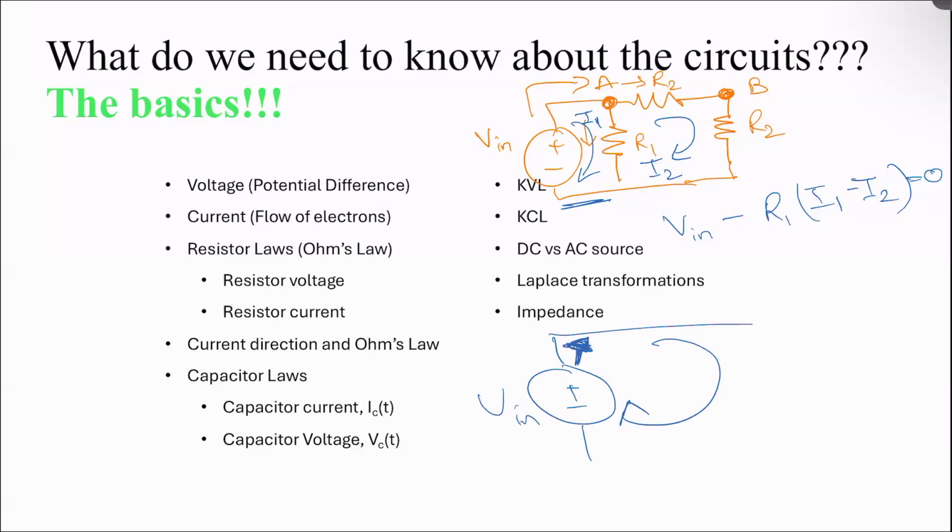If it was connected as negative and then positive, and this was your loop direction, let's call it VA. In your equation, it would now be negative VA.